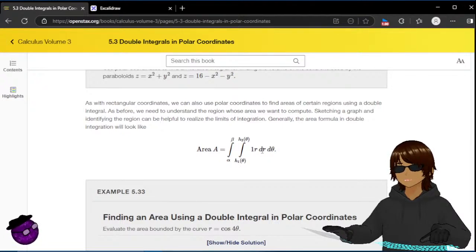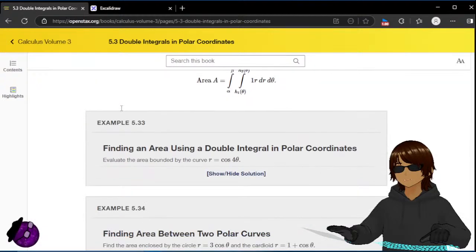Finding an area using the double integral and polar coordinates.